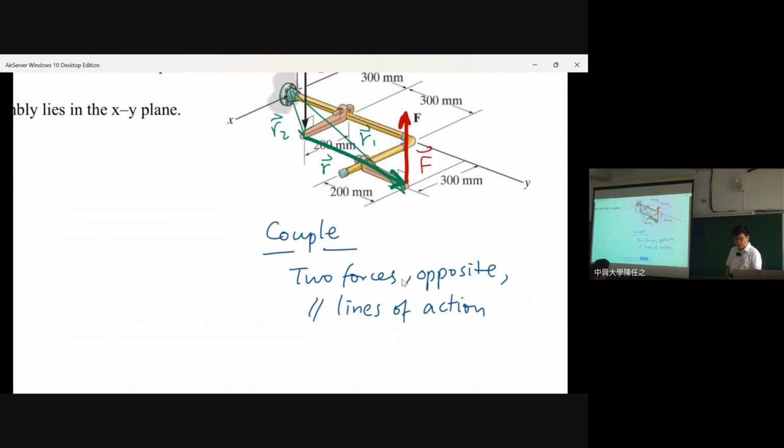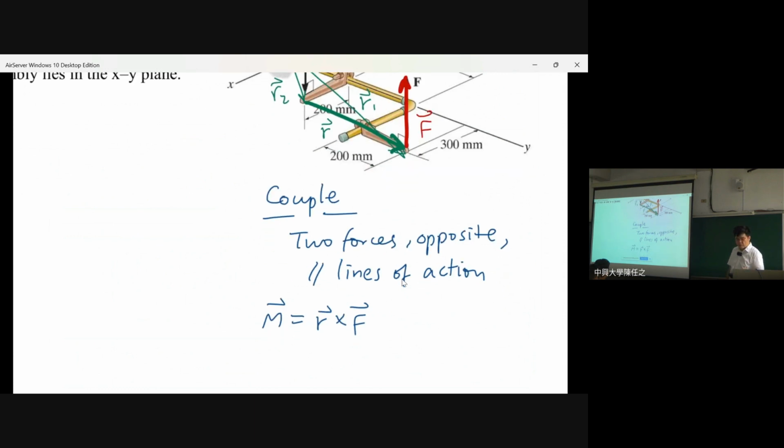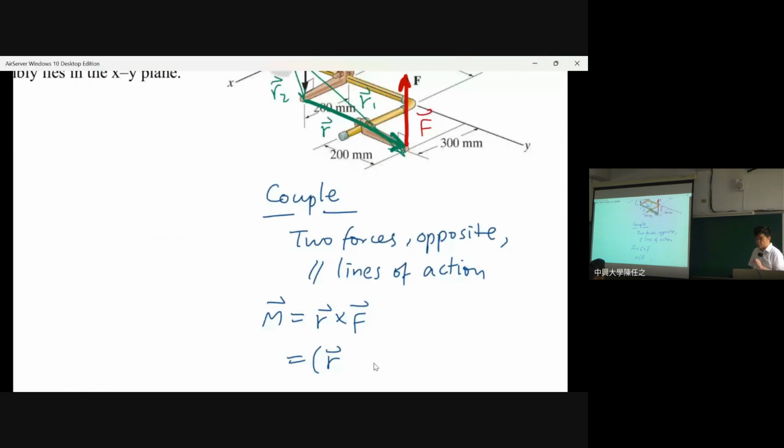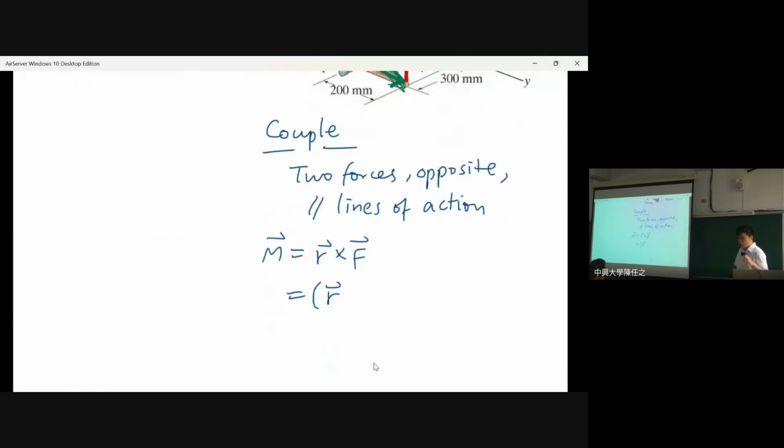So the couple would be equal to R cross F. Of course, this is the right way to do it. And if you are not confident enough, or you don't want to remember equations, you can always work it out like R1 cross F plus R2 cross negative F, right? You can always work in this way.